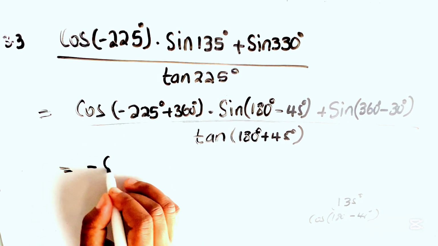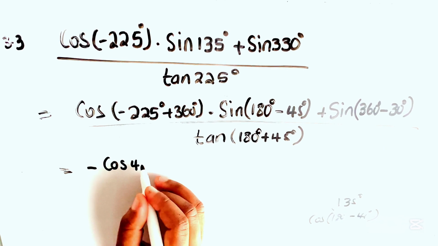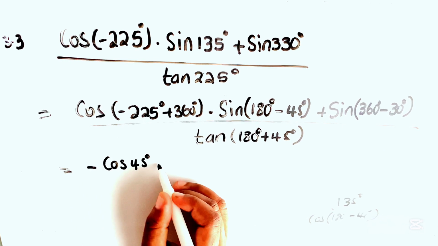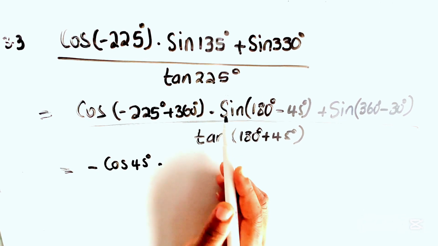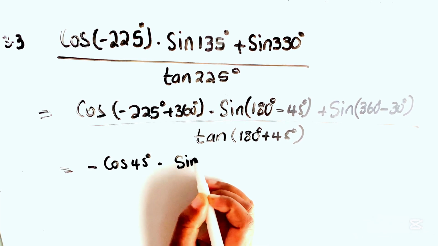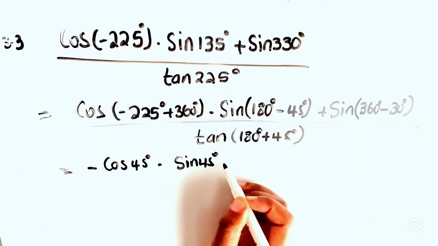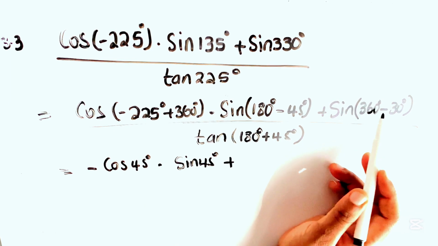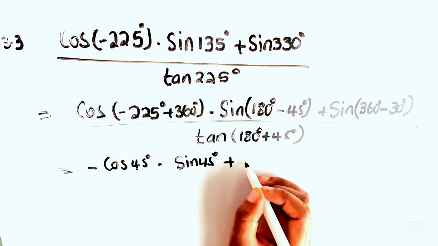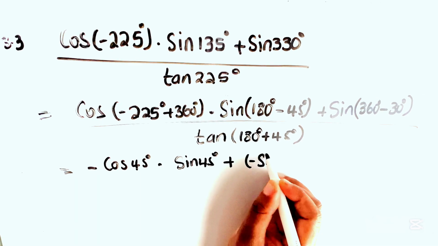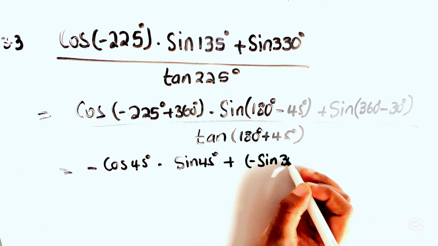So it's negative cos of 45 degrees. Multiply. The sine in the second quadrant is positive, so positive sine 45 degrees. Then 360 minus is the fourth quadrant, and sine in the fourth quadrant is negative, so negative sine 30 degrees.